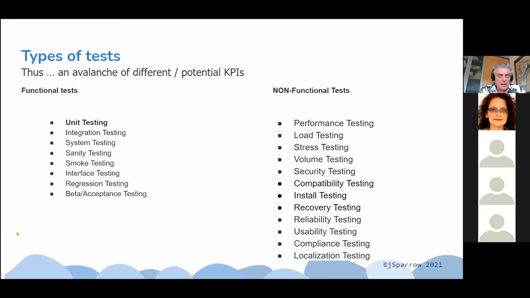If we're talking about tests, we do have several categories, and if you look into literature, you might find many more different categories. I just split them into functional tests and non-functional tests. The functional tests are more about the function, what the software is meant to be doing.